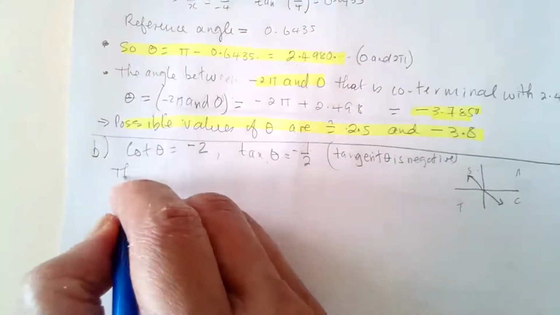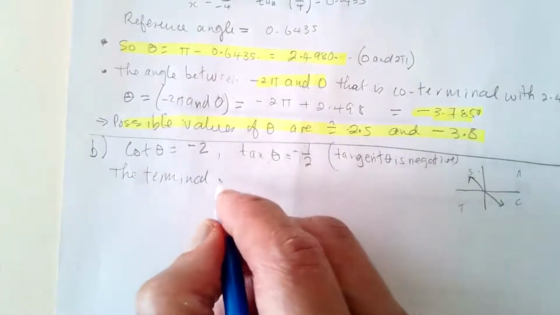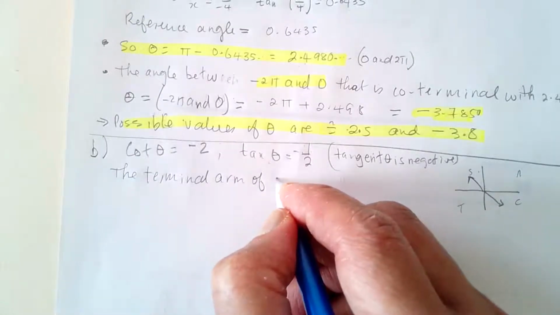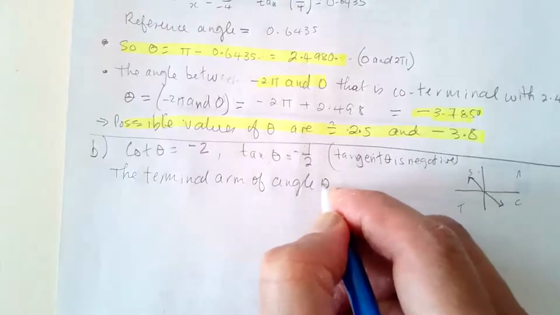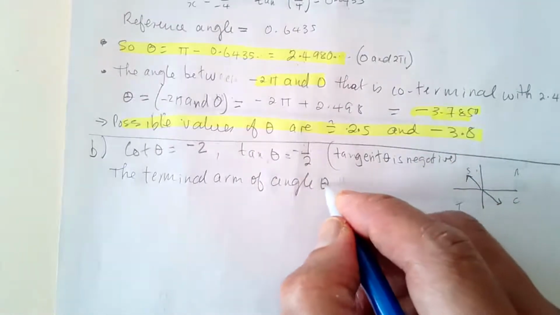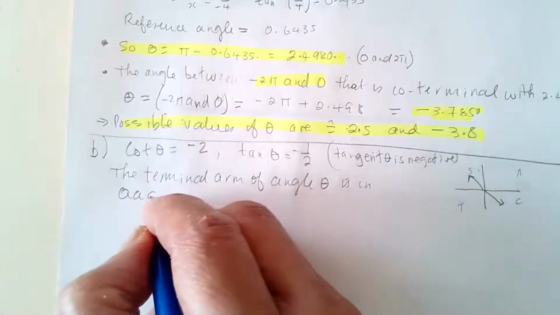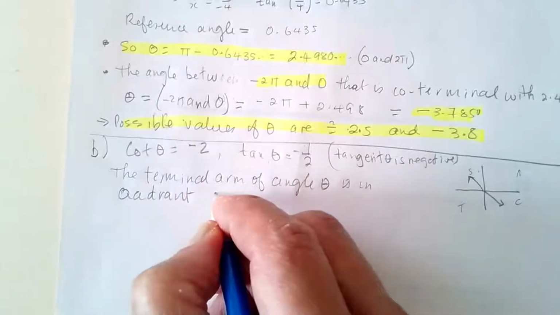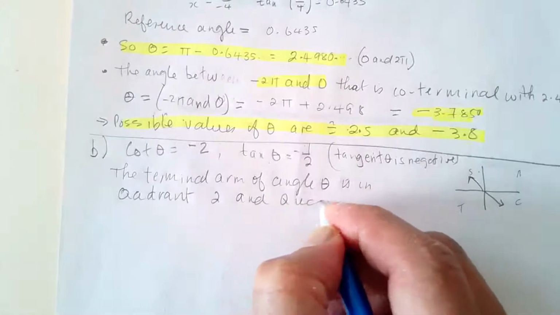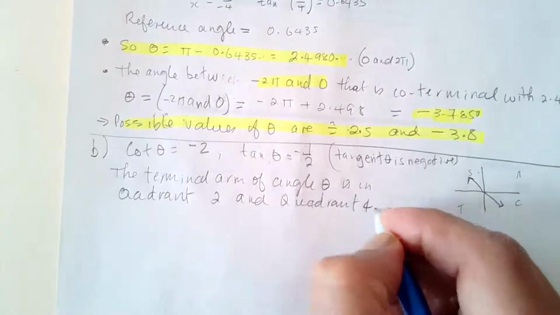So we say the terminal arm of angle theta is in quadrant 2 and quadrant 4.